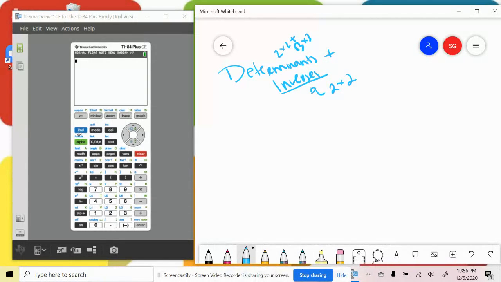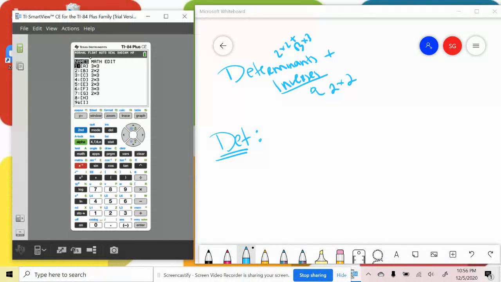So in order to do the determinant, let's start with that. That's specific to matrices, whereas addition, subtraction and multiplication are operations for everything, so they're on the main part of the calculator. So I'm going to first go grab determinant.